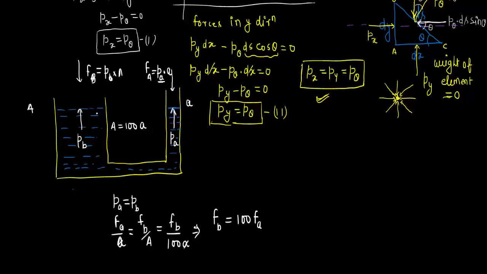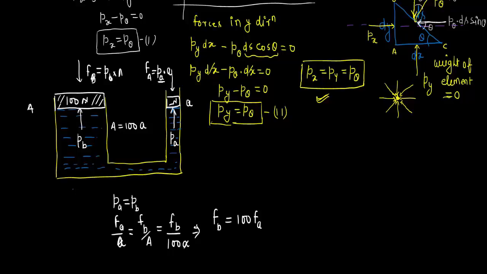So as the pressure intensity is same, but the force is different. Let's say I'm using a 100 Newton weight here. Here the weight is 100 Newton, and let here the weight be 1 Newton. So here the weight is 1 Newton, and here the weight is 100 Newton.